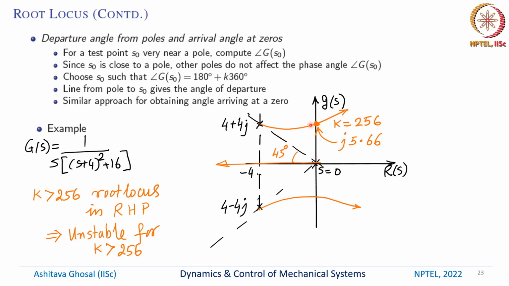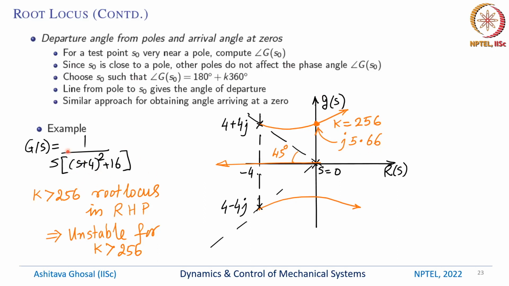So we can find out where it intersects the imaginary line, and that is k equals 256, and it intersects the imaginary axis at 5.66.